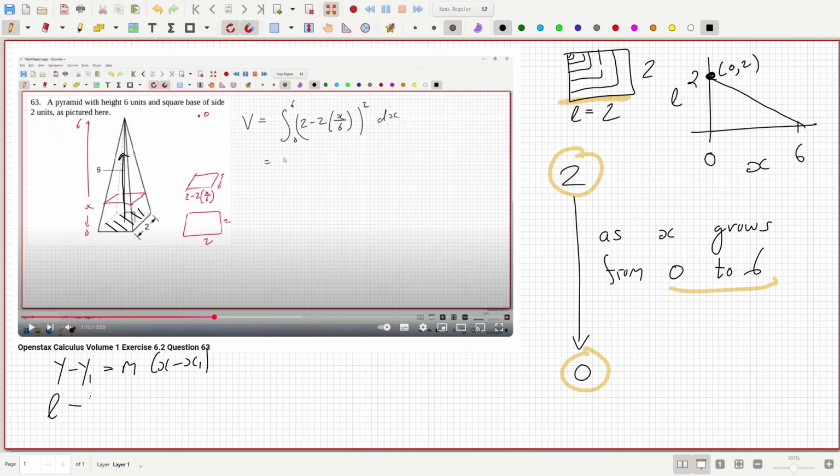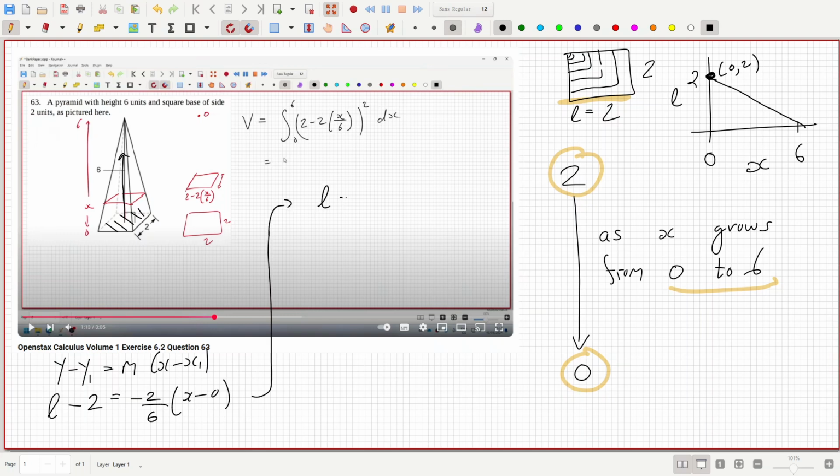So L minus 2 equals m, the slope or the gradient, which is the rise over the run. So that would be negative 2 over 6, times x minus 0.